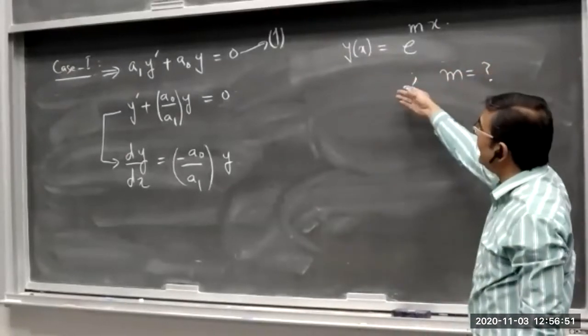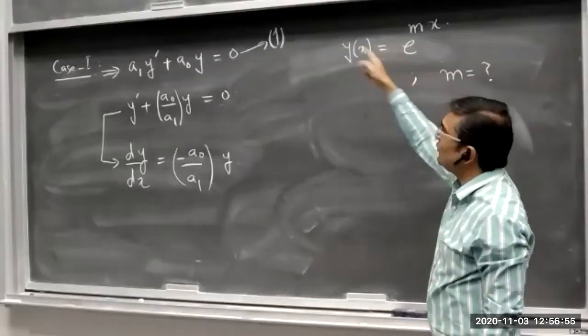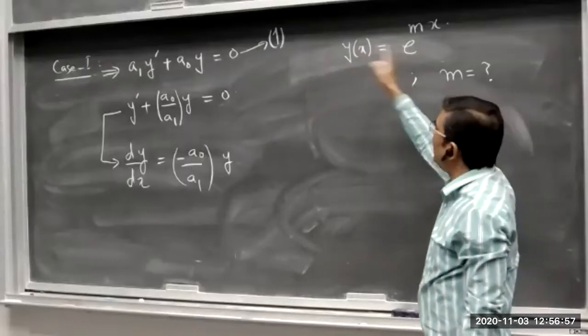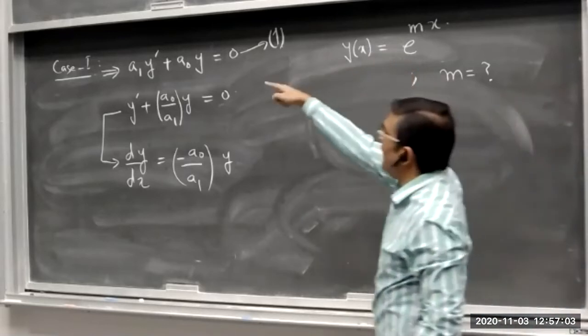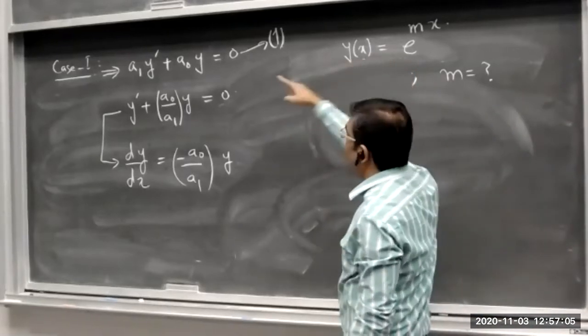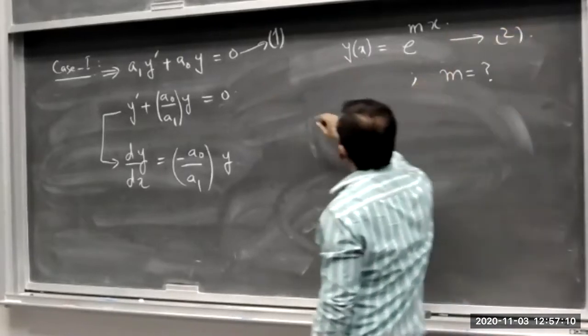We are assuming that the solution of this equation is of this type. Now, if this is the solution, we can insert the value of this y into that differential equation, into equation 1.